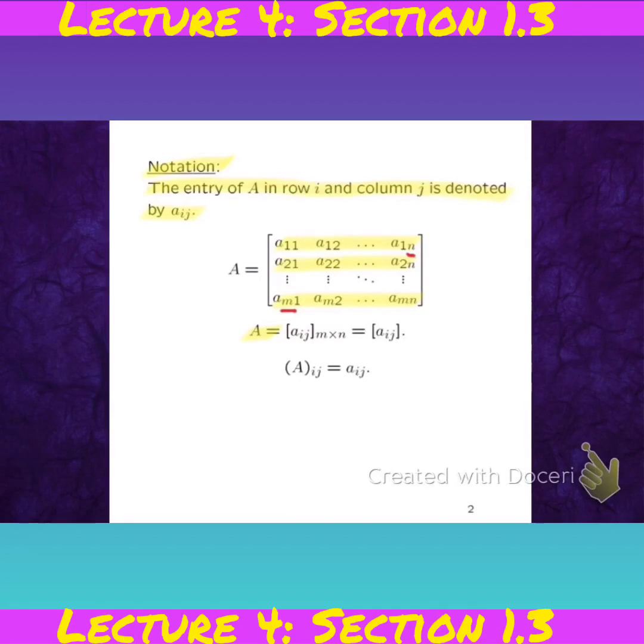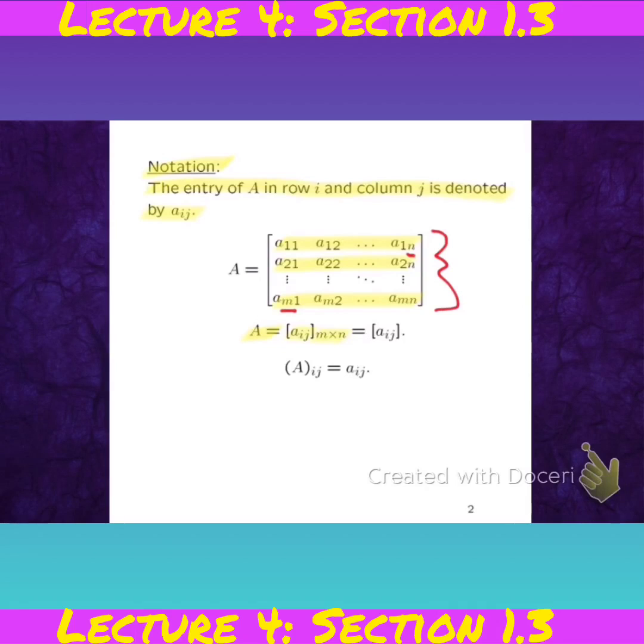Just as a notational matter, this whole matrix can be written in a shorter form. It can just be written as A subscript ij, which indicates the entry in the ith row and the jth column, with brackets on either side, and then you've got another index which indicates the size of the matrix A, which in this case is a matrix with m rows and n columns.